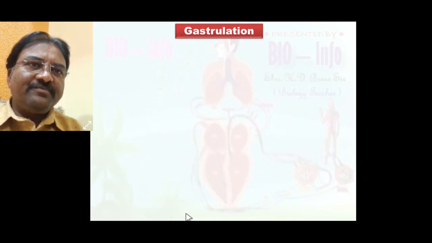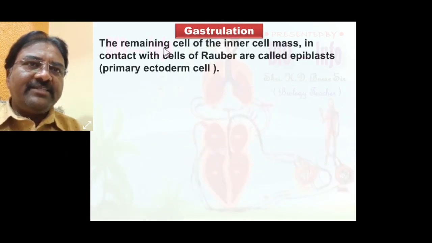Now the remaining cells of the inner cell mass, the embryoblast, in contact with the cells of the trophoblast are called epiblasts, also called primary ectodermal cells. Why are epiblast cells called primary ectodermal cells?